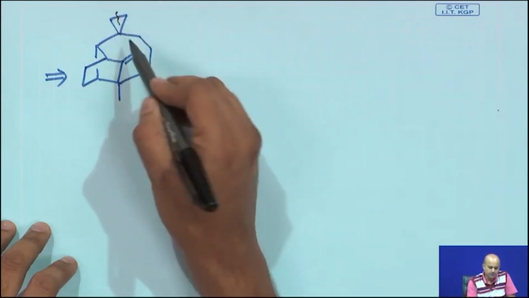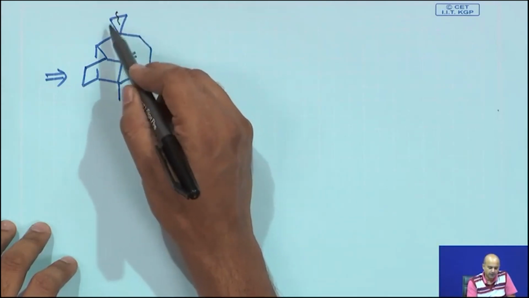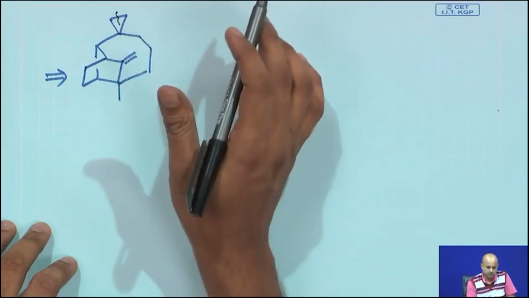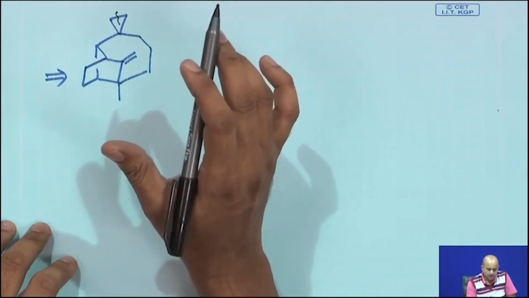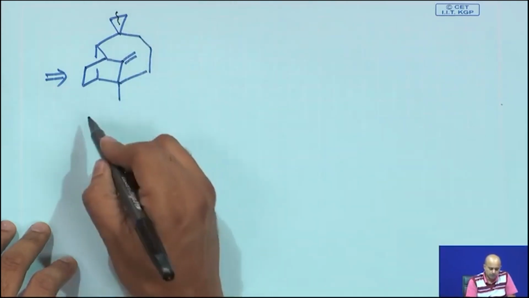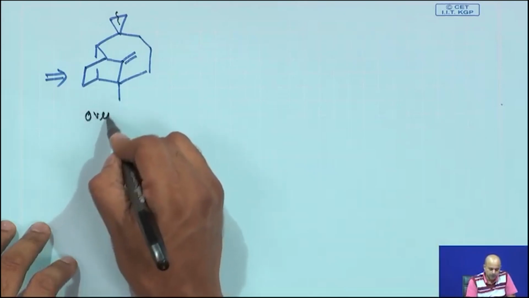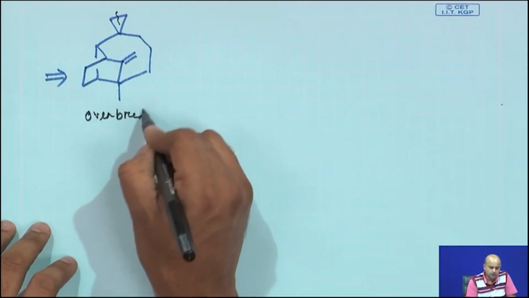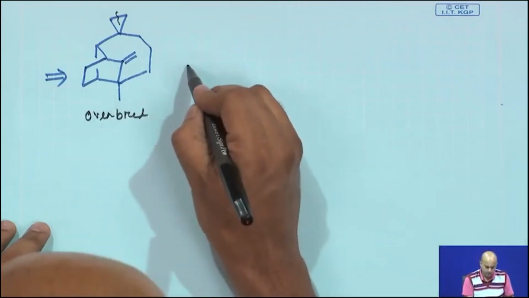If I chop this cyclopropane, I will get the gem dimethyl. This was one of the speculations or one of the proposals. So, this is the overbred which was initially proposed.